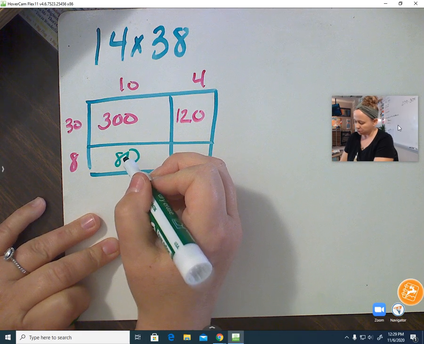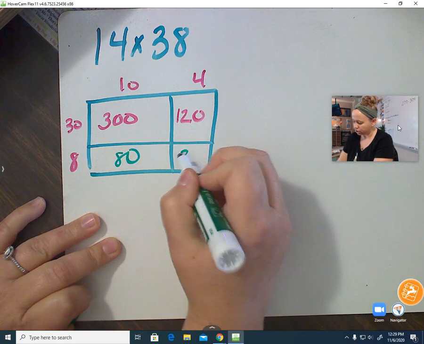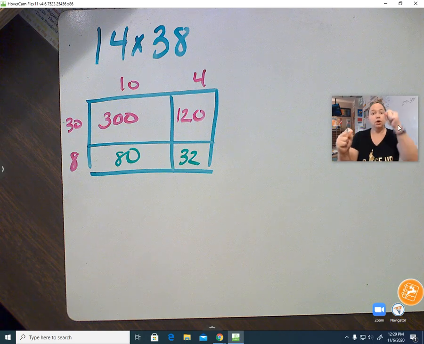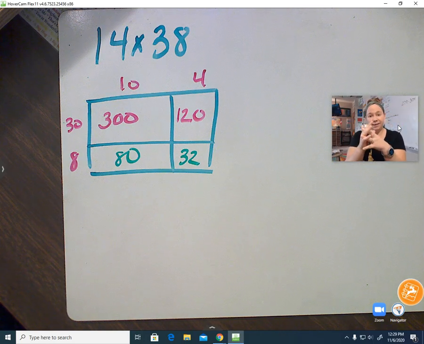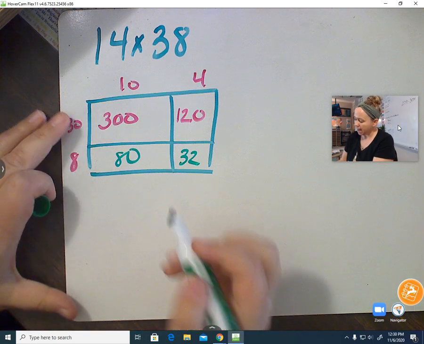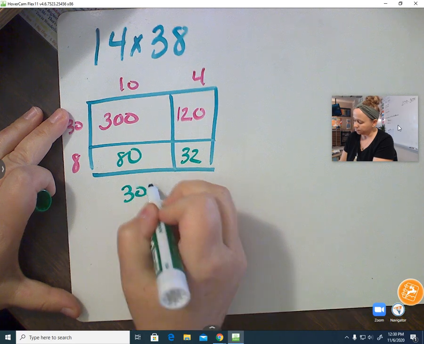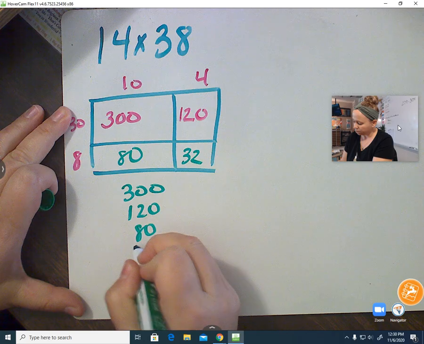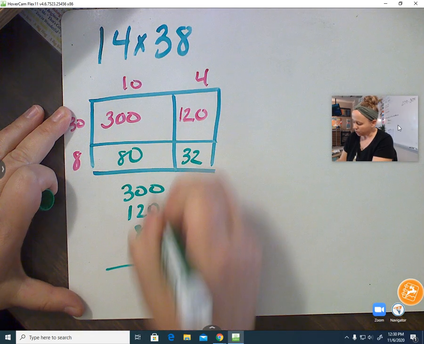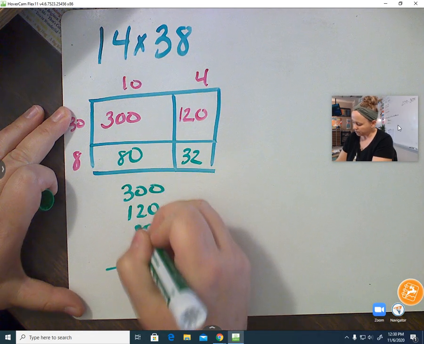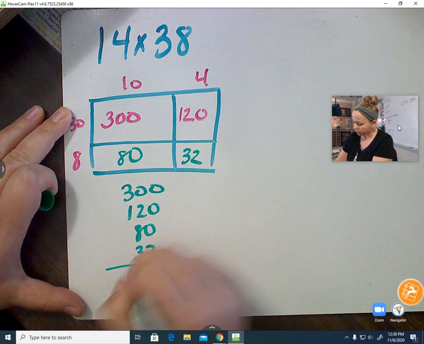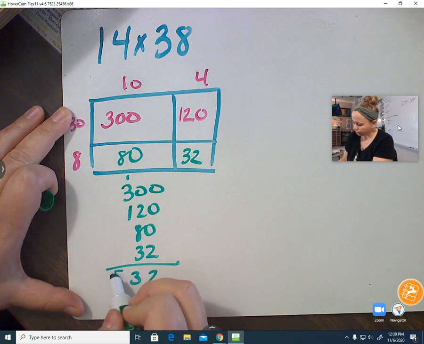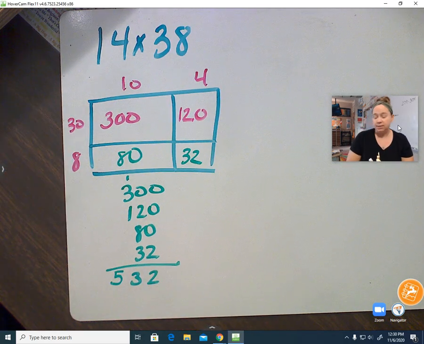And then we multiplied 8 times 4, and that's 32. So remember, we broke it apart, we multiplied, then we added them back together, right? So we added 300 plus 120 plus 80 plus 32. And we got 10, 11, 12, 13, carry the 1. We got 532, right? That was yesterday's lesson.